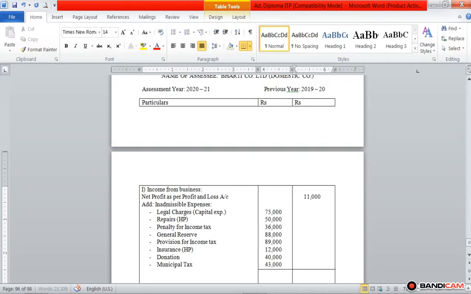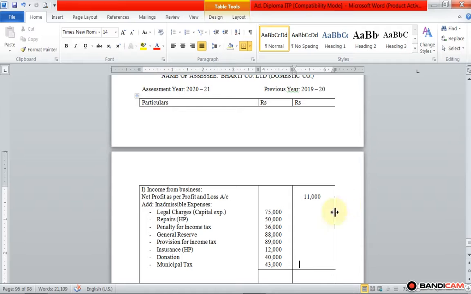So here the total is equal to 75,000 plus 50,000 plus 36,000 plus 88,000 plus 89,000 plus 12,000 plus 40,000 plus 43,000.